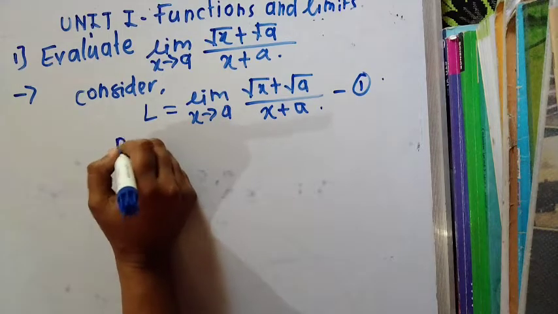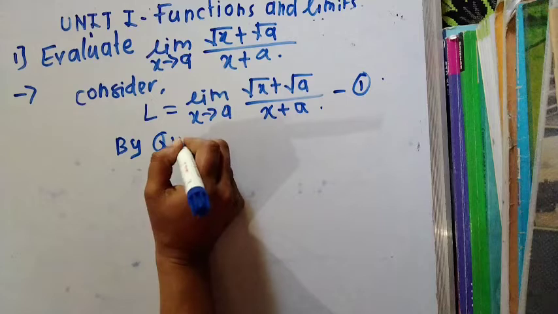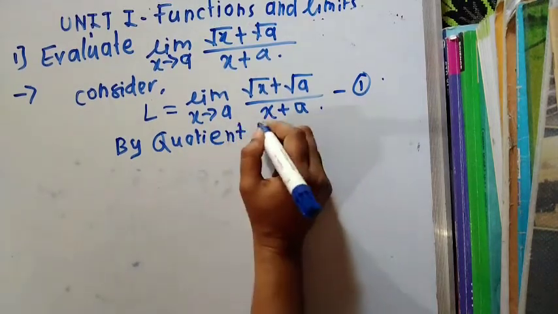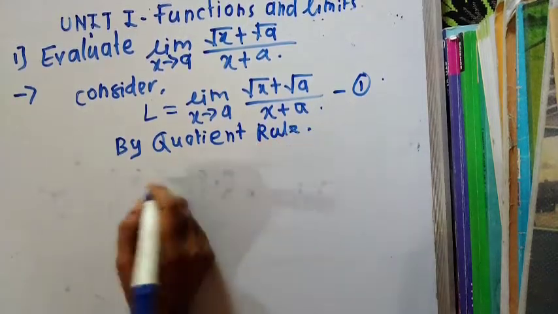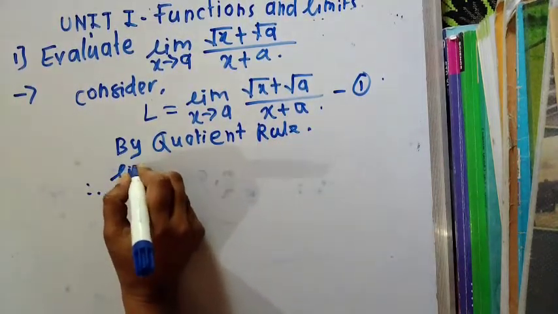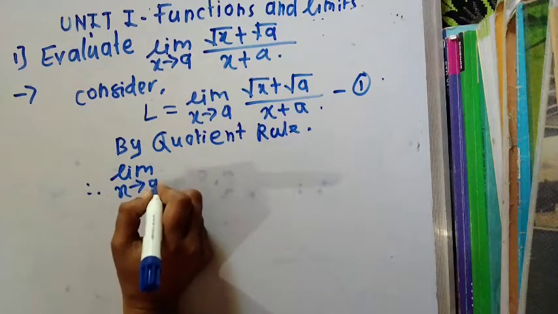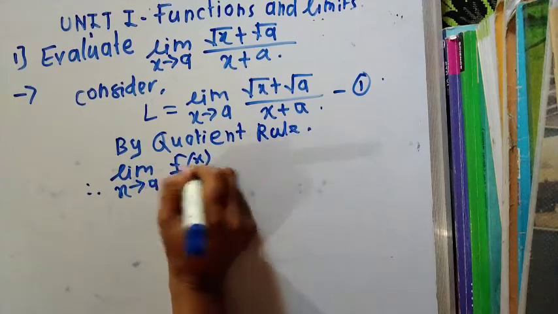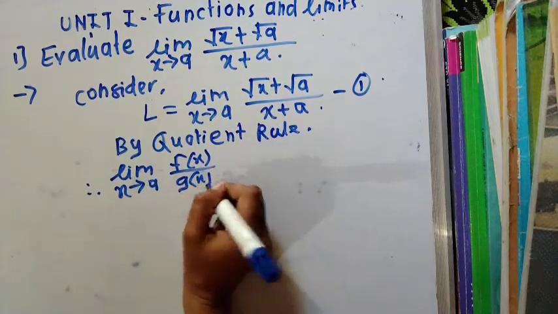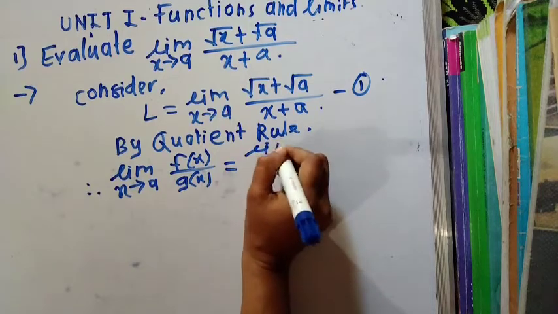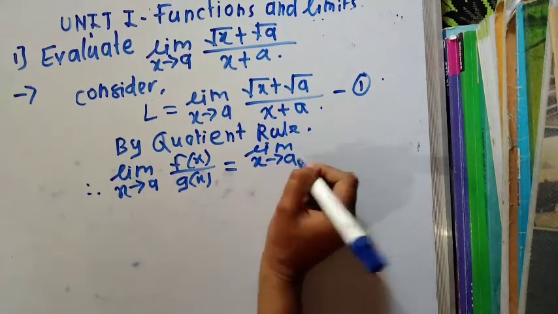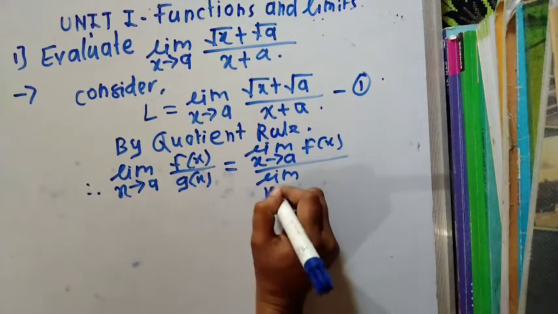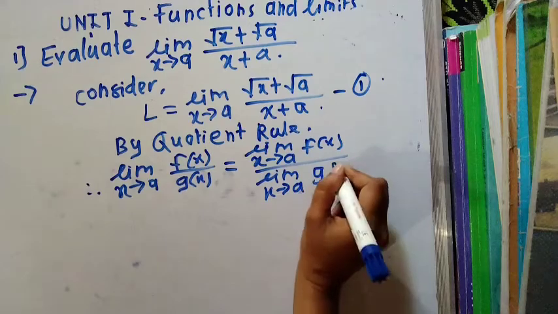Then by the quotient rule. We use the rule here because it is a quotient. So the quotient rule is limit x tends to a f of x divided by g of x, which is equal to limit x tends to a f of x divided by limit x tends to a g of x.